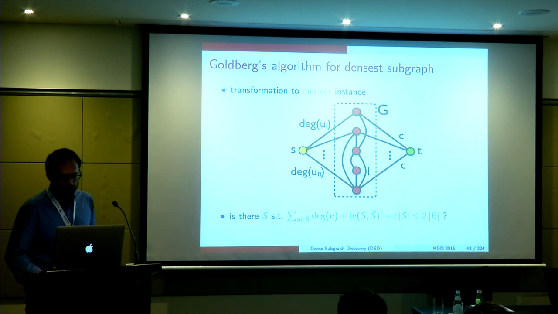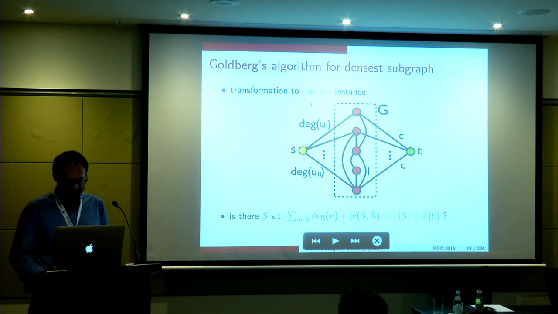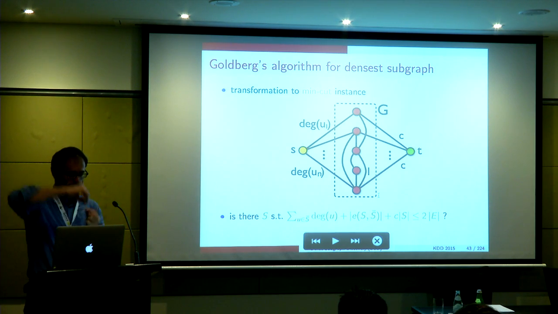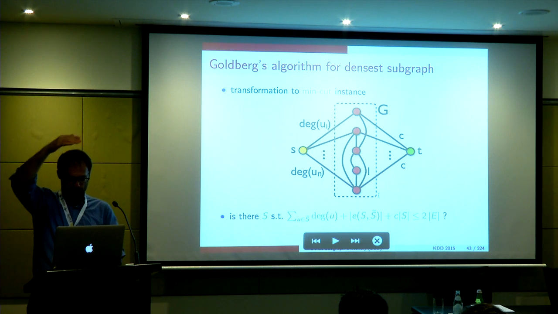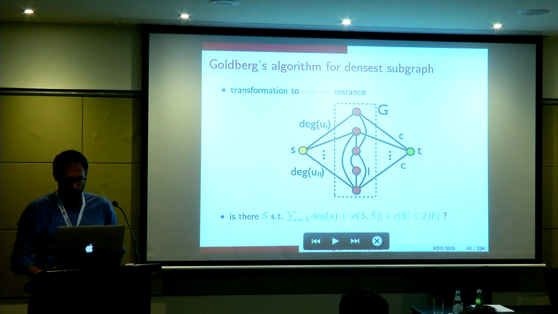Now, what Goldberg did, and what the transformation is, is the following. This is my original graph. I just put it in a row. These are the vertices, and if there is an edge in the original graph, I put it here.